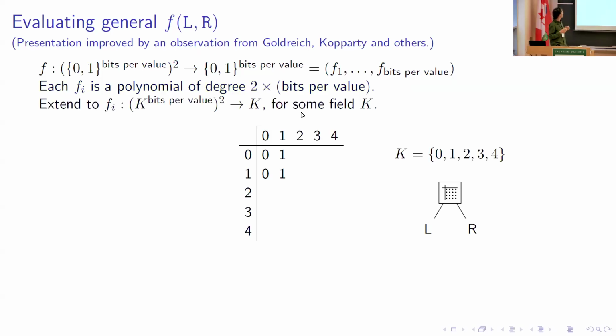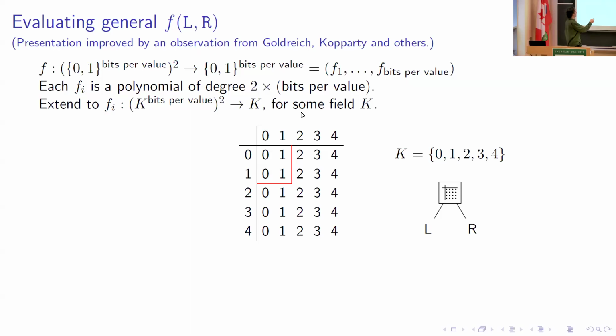And what I'm going to do is extend the domain of this polynomial to some field which has more than just 2 elements. In this example, I'm going to use the integers modulo 5 as my field. Since we already have the polynomial f_i written down, the values of this function on inputs other than 0, 1 are already determined. You just evaluate that same polynomial on these other inputs, and that extends your function to this domain.